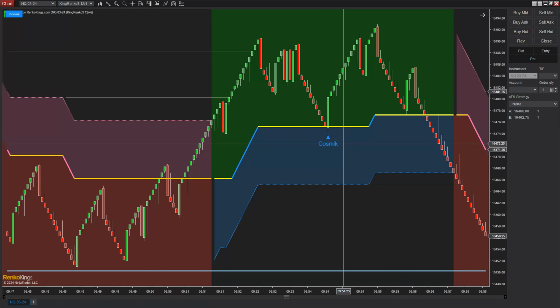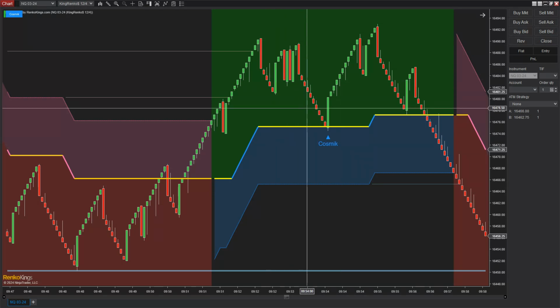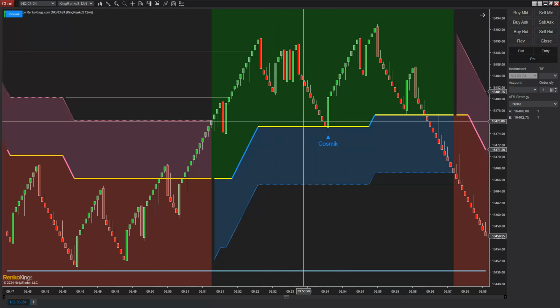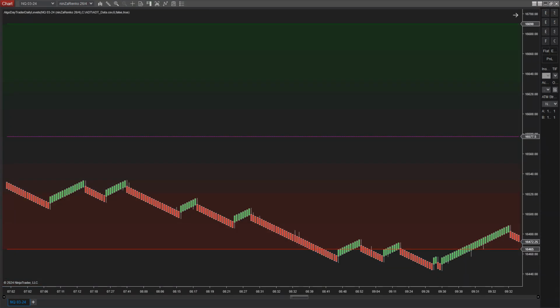That's one way of doing it. Listen to what I say, look at the levels, and then have some kind of a bias when you are trading with your indicator, because this bias is going to give you a greater probability of success.